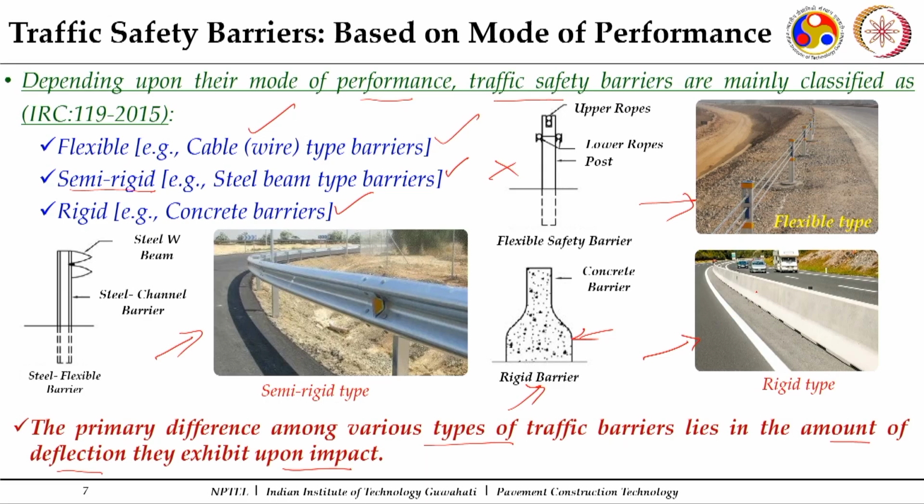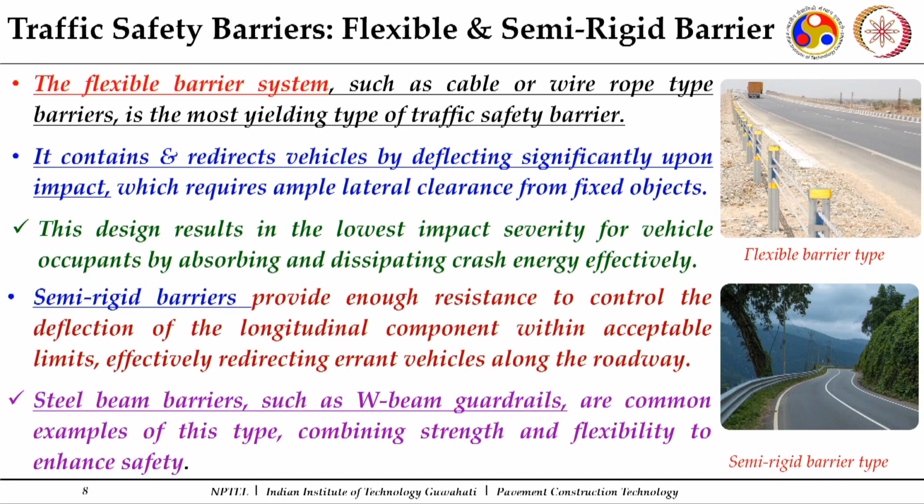So, this is an example. You can see there is a median concrete crash barrier. Now, coming to the individual features of these three types of crash barriers, the flexible barrier system, such as the cable or wire type shown in this example, is the most yielding traffic safety barrier, because it is the most flexible one.